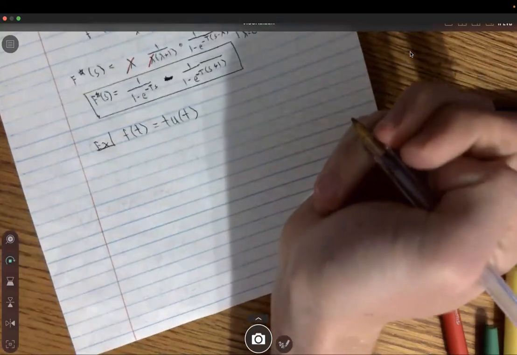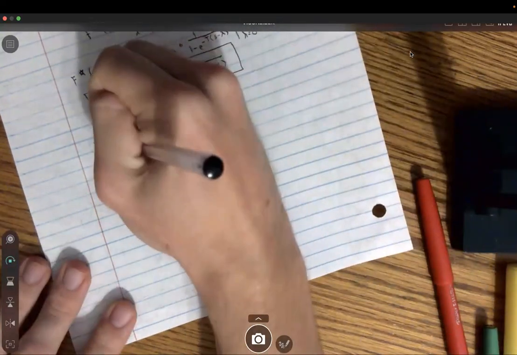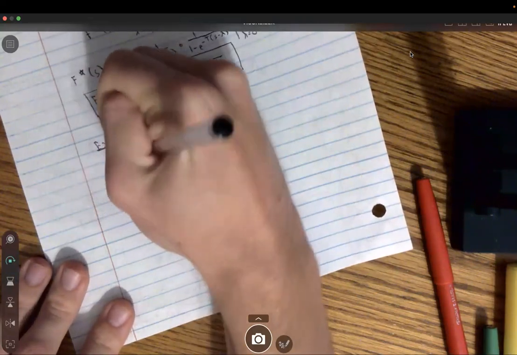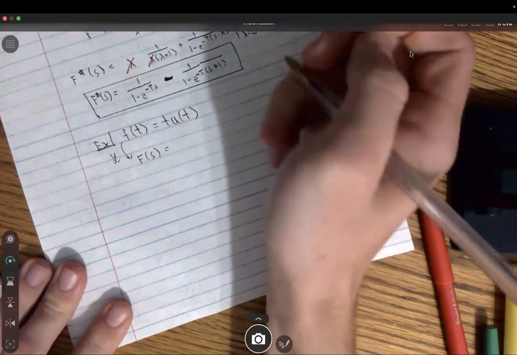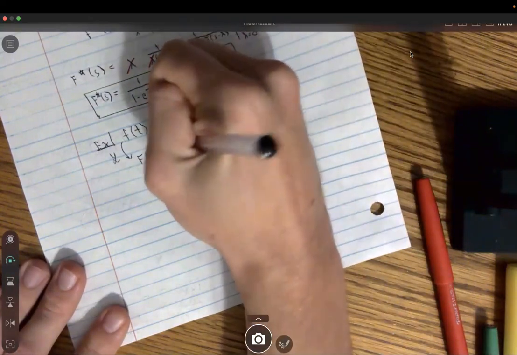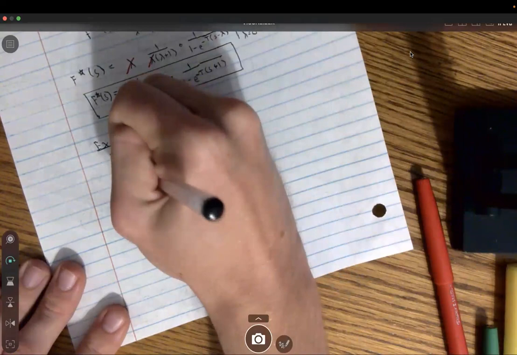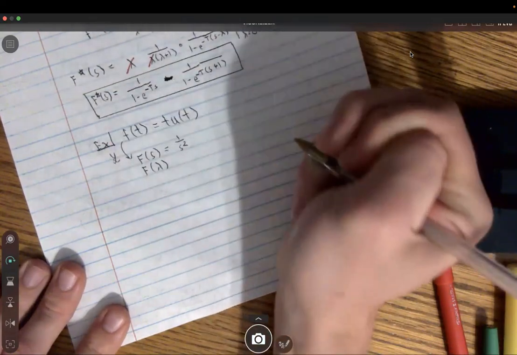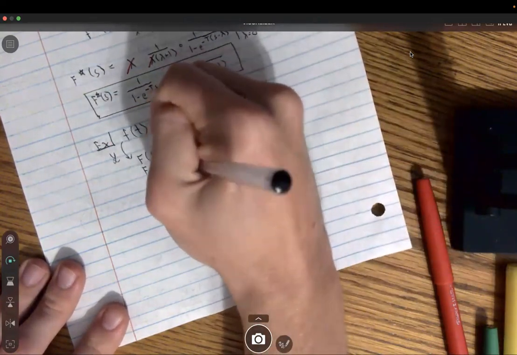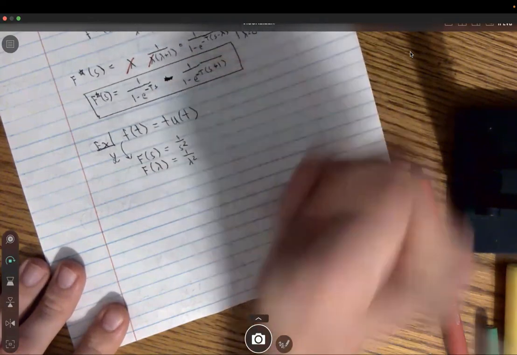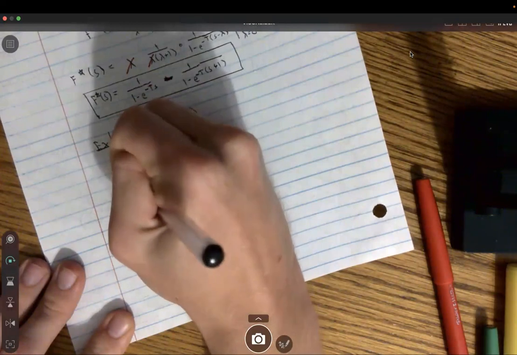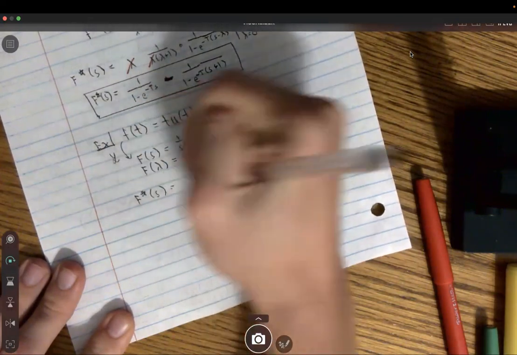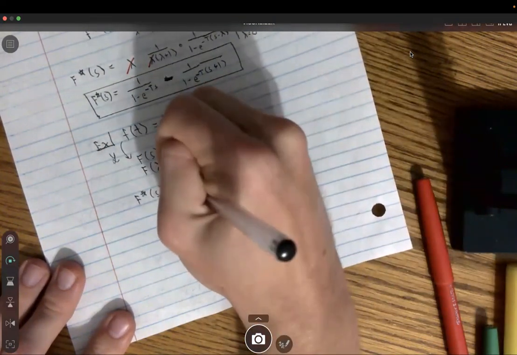Now remember, when you have to find the star transform, you have to find the Laplace transform of this one. So this would be f of s is equal to 1 over s squared. Now, remember, in the star transform, you need to just have it in terms of lambda, so it's 1 over lambda squared. And then what we have, remember, definition of the star transform, it's equal to the summation.